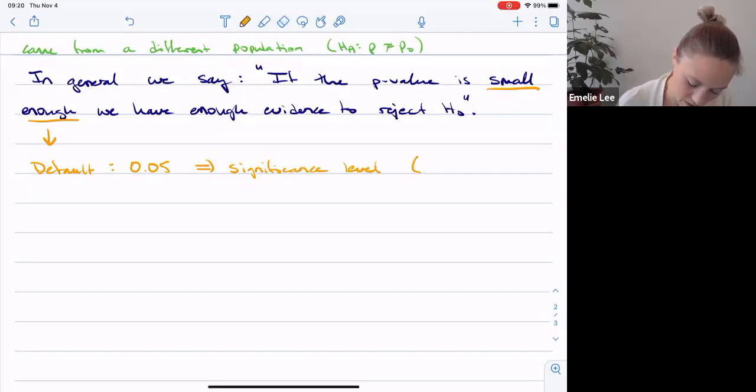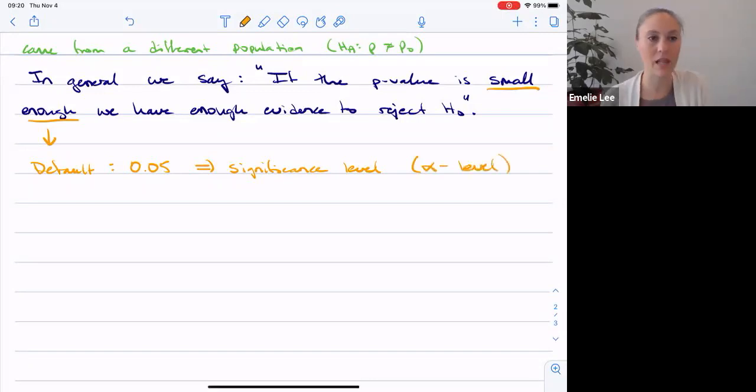I could have sworn we talked about alpha last day, because the alpha level is the probability of making a type 1 error. So before you even do your test, you're saying, okay, I'm okay with making a type 1 error 5% of the time. There's a 5% chance that I'm making a type 1 error, and I'm okay with that. Great. So the alpha level of 0.05, that's our default.